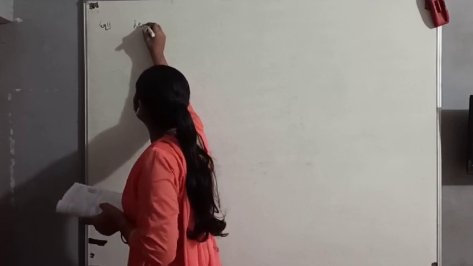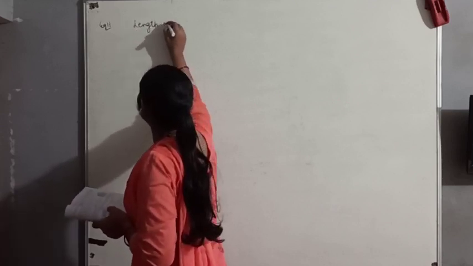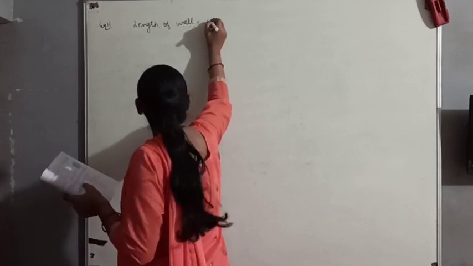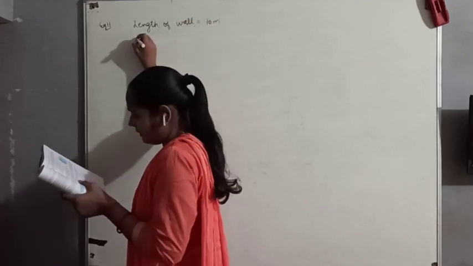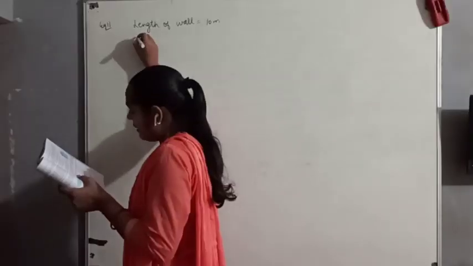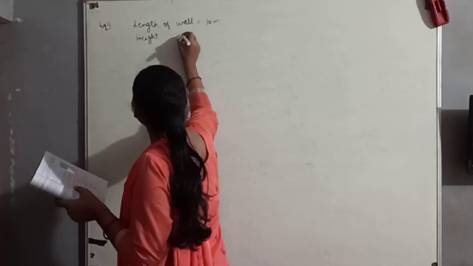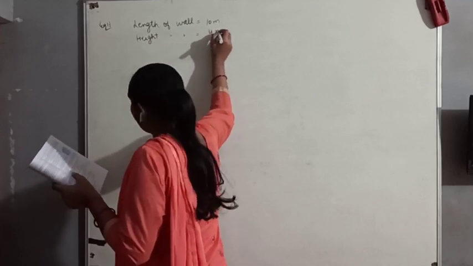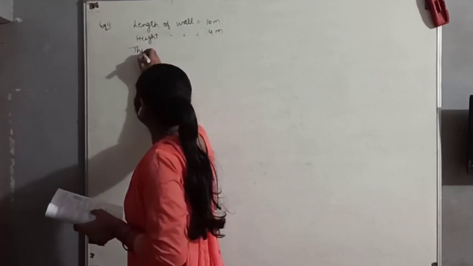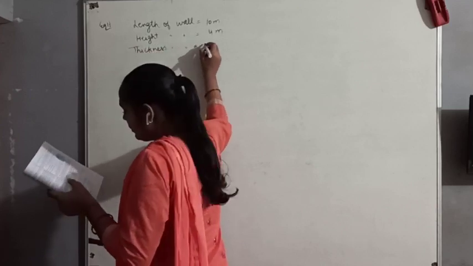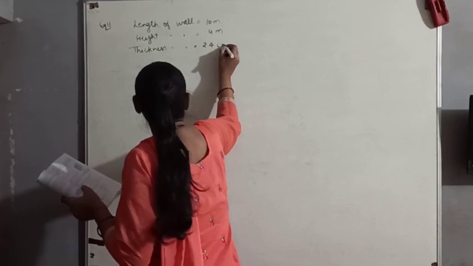Length of wall that is equal to 10 meter. Height of wall is 4 meter and thickness is 24 centimeter.